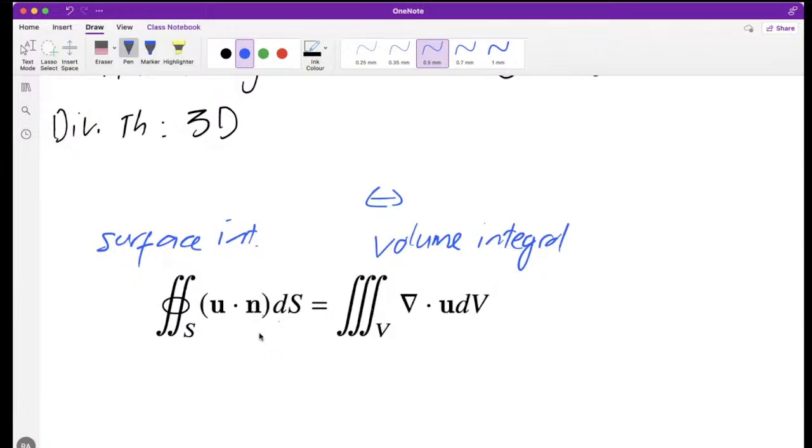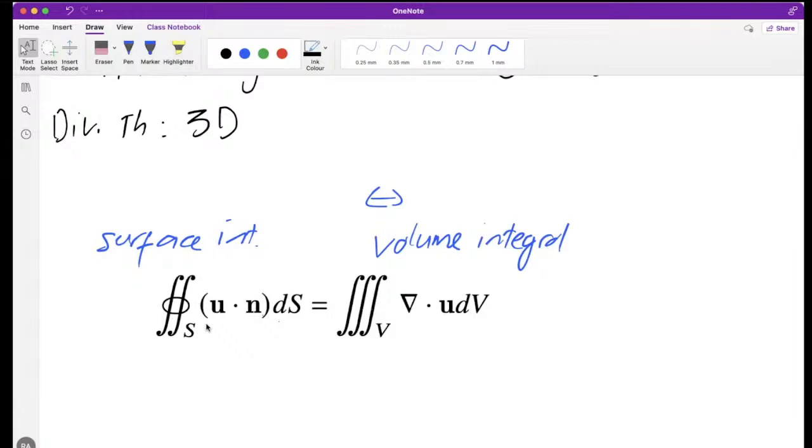Some problems, it may be easier to find the value for the surface integration. So if your final objective is to find certain quantities that involve the volume integral, but it turns out that mathematically it's easier to work out the surface integration, then you would do surface integration.